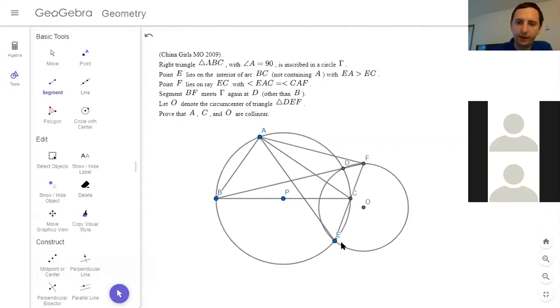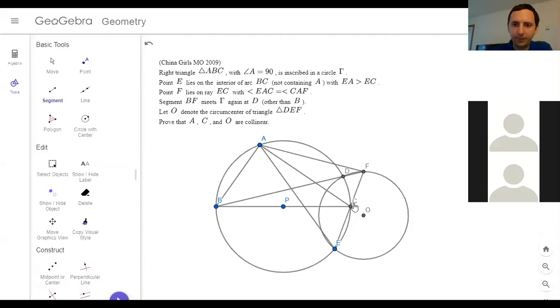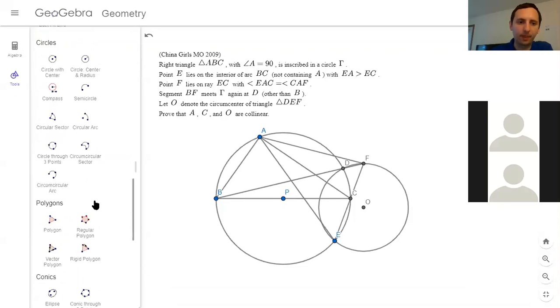So AC is an angle bisector. And I think that's really all that we need, right? We want to show AEOF is cyclic. Yeah, because O lies on the perpendicular bisector of BF. So we want to show AEOF is cyclic.